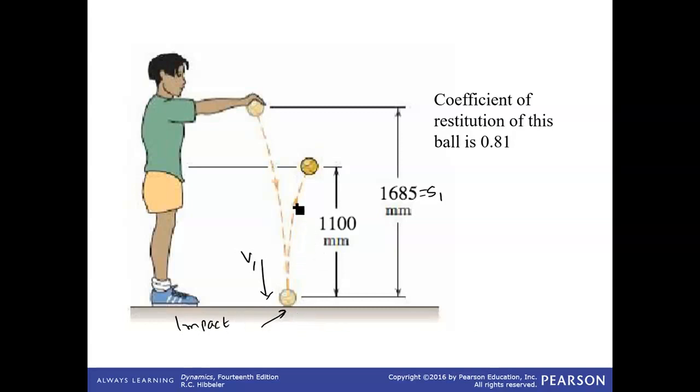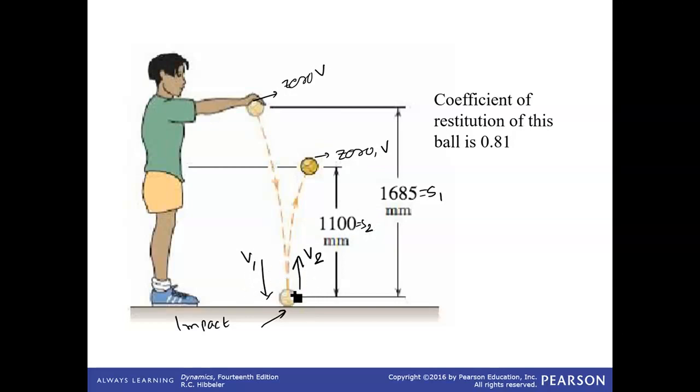After impact, the ball bounces up in the air with some velocity v2, but as it goes up, the gravitational attraction reduces its speed, and at some point its speed becomes almost 0, so it stops going further up and then comes down again. This point also has 0 velocity, and let's call this height s2.